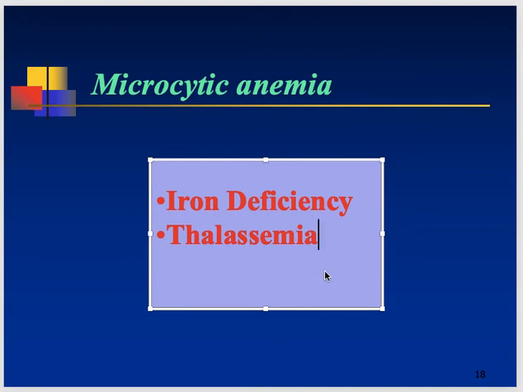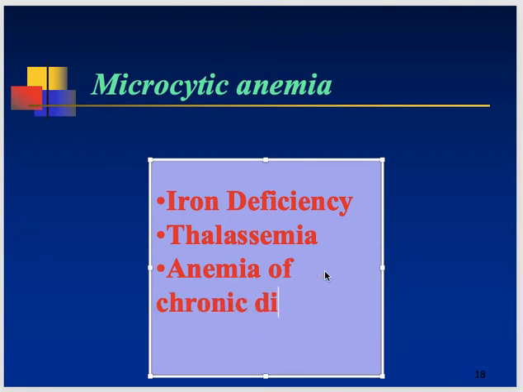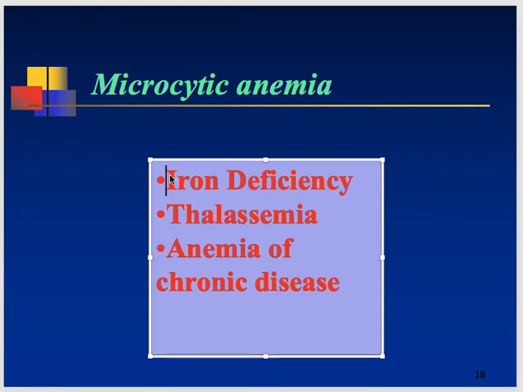I don't like this mnemonic, as I told you, because in this one, T is for thalassemia, which comes on the top. I is for iron deficiency anemia, whereas A is for anemia of chronic disease, okay. And after that, L is for lead poisoning anemia, not so common these days.